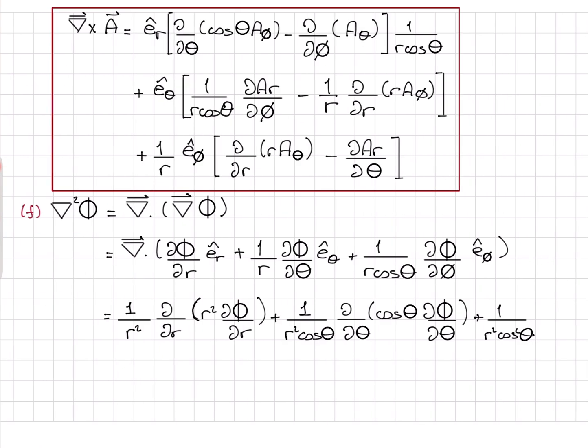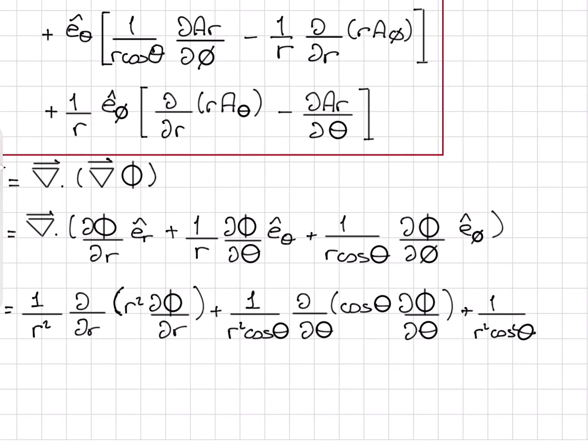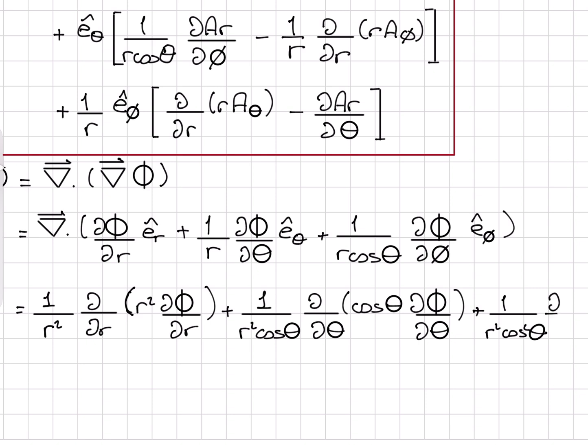And then we take a derivative with respect to phi of del phi, which means we're taking the second derivative. Okay, so that's what we obtain.